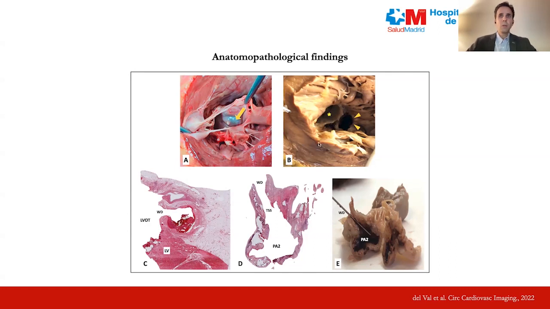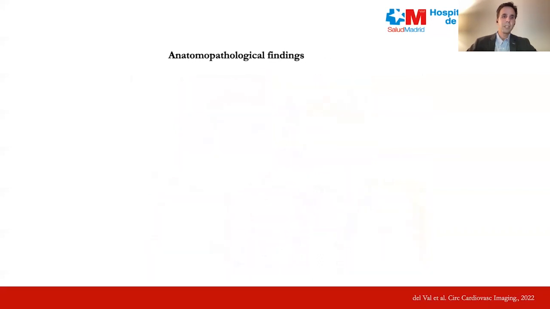In the second one, we can identify a wall disruption in the LVOT in close relationship with the lower edge of the TAVI prosthesis. And in the microscopic images, we can see a permeable tunnel shape in connection with the low LVOT and the pseudoaneurysm in the anterior mitral leaflet.